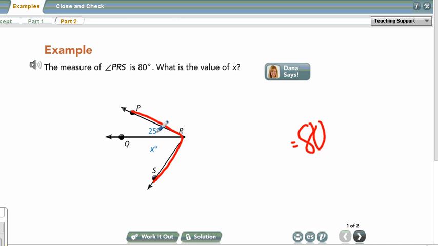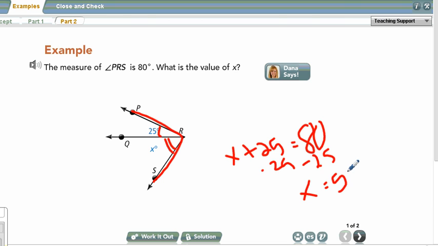I know if I take this little angle and this angle and combine them, they should equal this larger angle. So x plus 25 equals 80, and hopefully by this point you know you're subtracting 25 from both sides so that you get x equals 55.